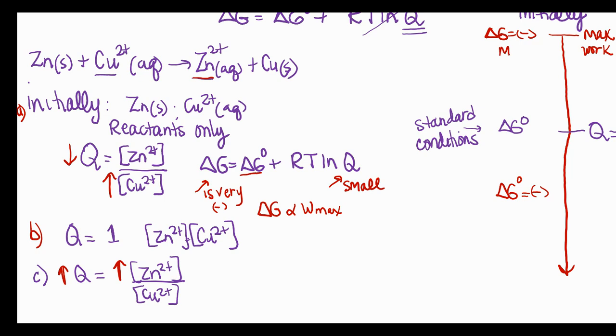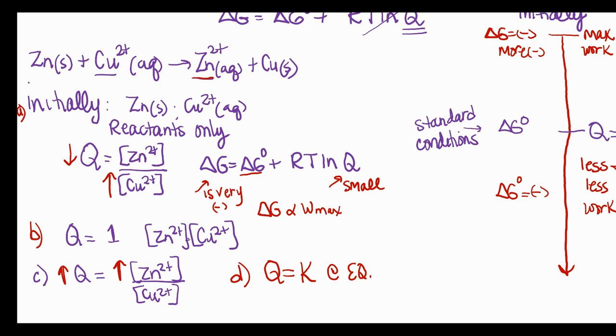So this is more negative, more work. As this process continues, you have less and less work. And then ultimately, this number starts getting so big, Q gets so big that eventually, in this very spontaneous process, Q eventually will equal K and you're at equilibrium.